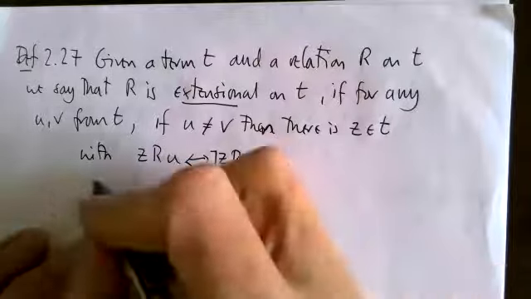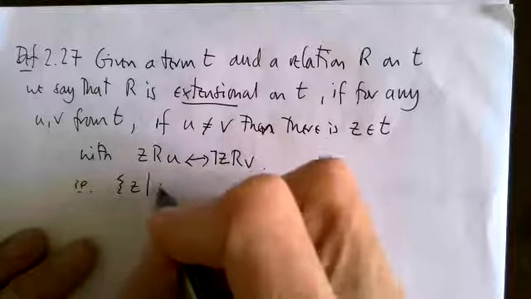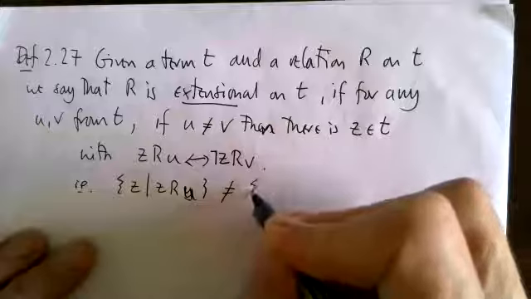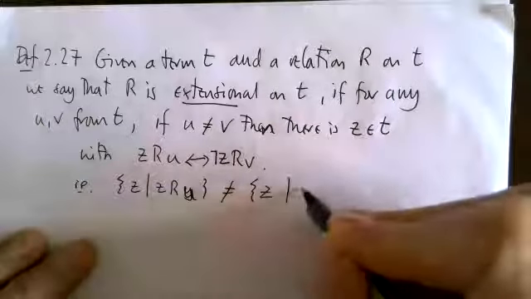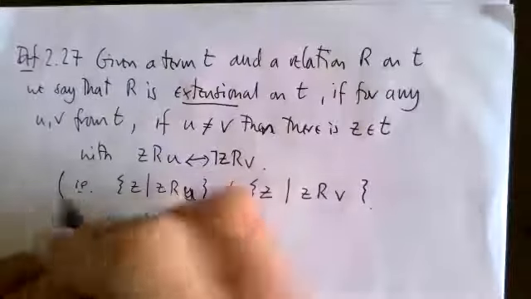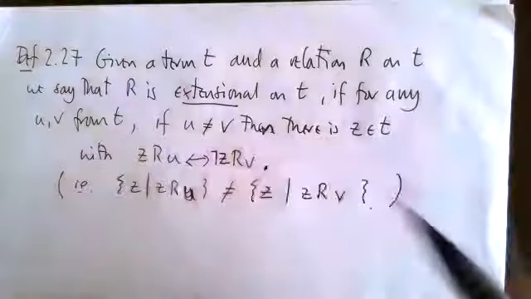So what we're saying is the collection of Z such that Z comes R below U is not the same as the collection of Z such that Z comes R below V. It's just another way of writing that, this line here.